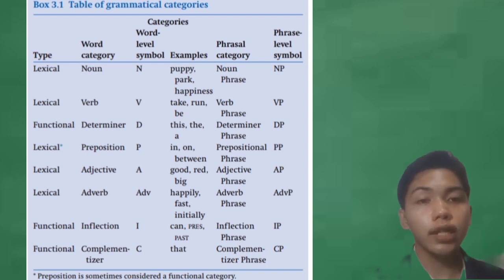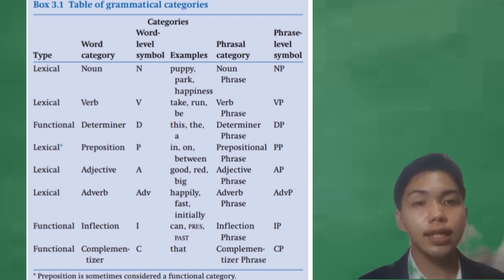The next one is lexical, preposition, P, in, on, between, prepositional phrase, and PP. The next one is lexical, adjective, A, good, red, big, adjective phrase, and AP.